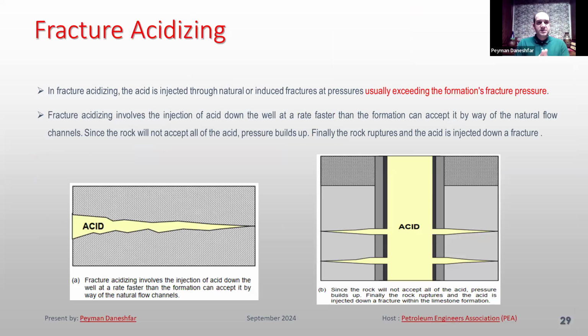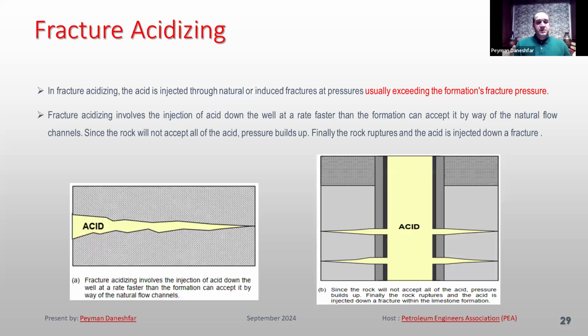What is fracture acidizing? In fracture acidizing, the acid is injected through natural or induced fractures, and the pressure usually exceeds the formation fracture pressure.